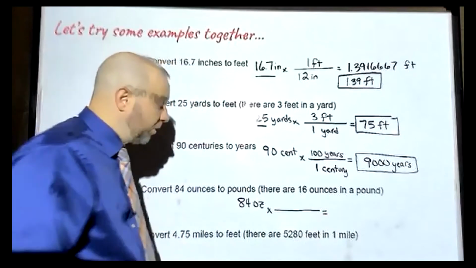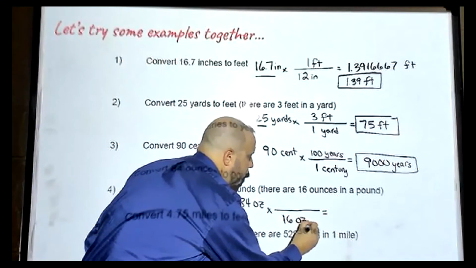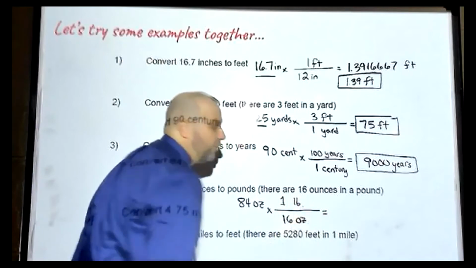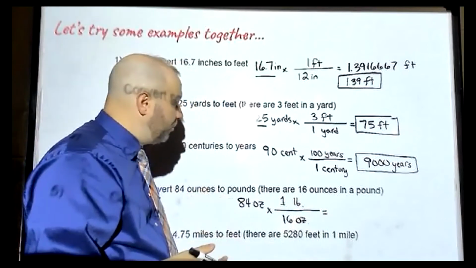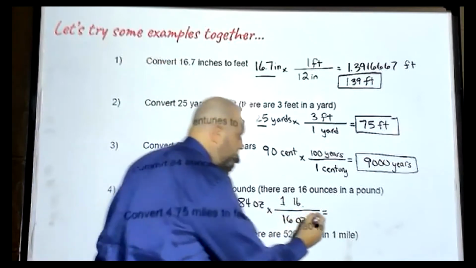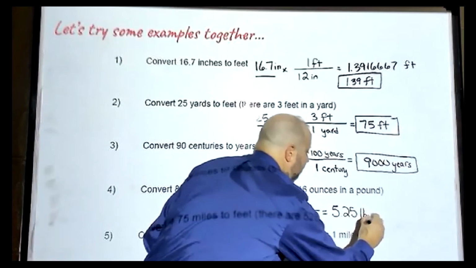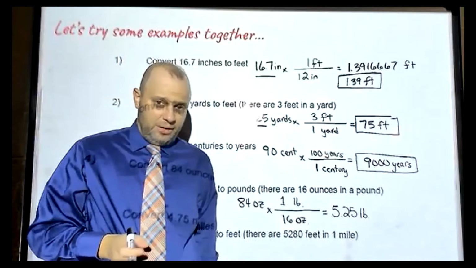So what we're going to do is put ounces on the bottom. 1 pound. Pound is abbreviated as LB. So there's 1 pound on top. We divide, because the number's on the bottom, and we get an answer of 5.25 pounds.